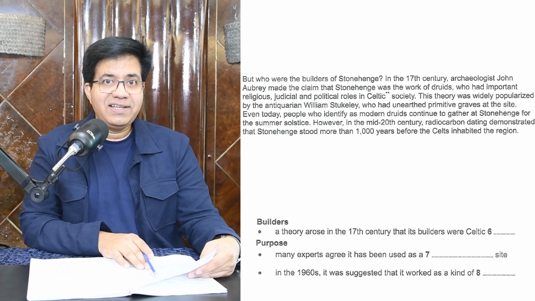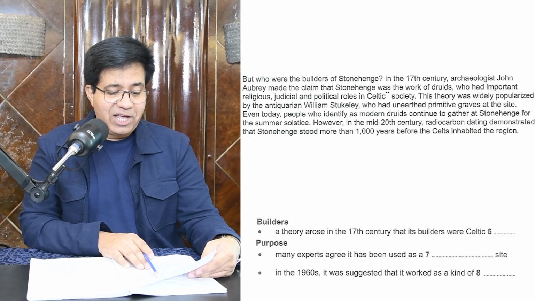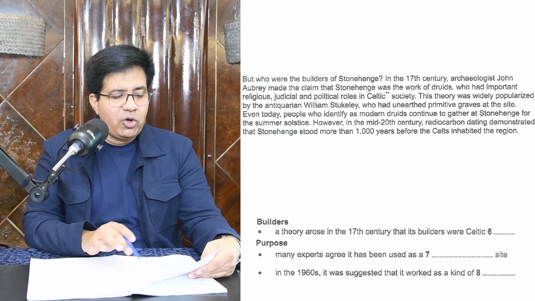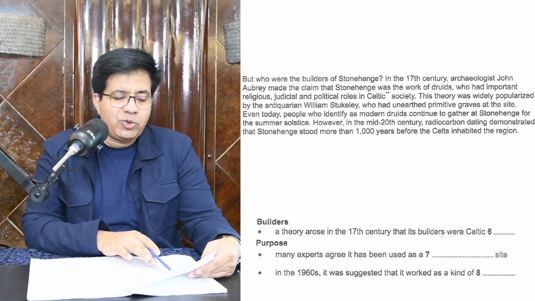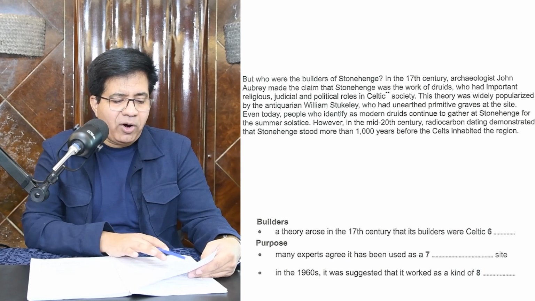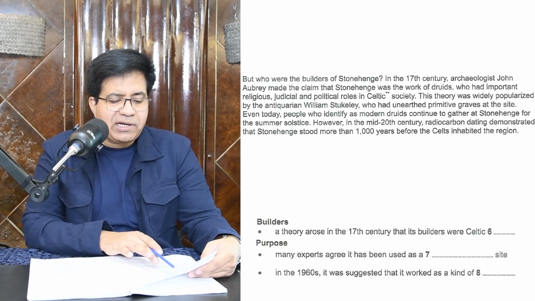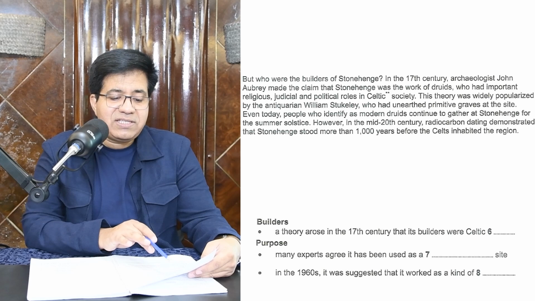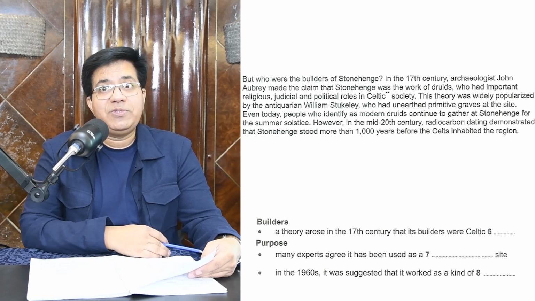Celtic what? No, read it again carefully. John Aubrey made the claim that Stonehenge was the work of Druids, who means Druids, had important religious, judicial and political roles in Celtic. So they were Celtic Druids.